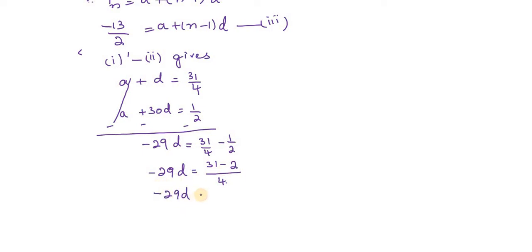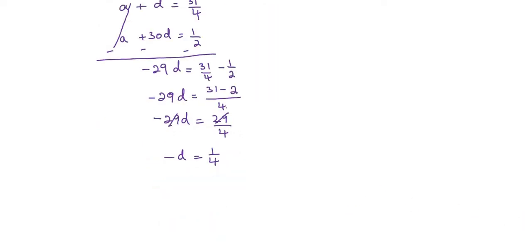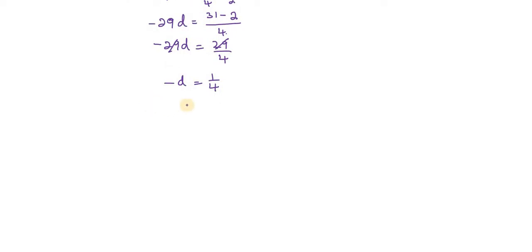So minus 29D is equal to 29 upon 4. 29 will be cancelled with 29. Minus D is equal to 1 upon 4. We get the value of D is minus 1 upon 4. Here D is equal to minus 1 upon 4.